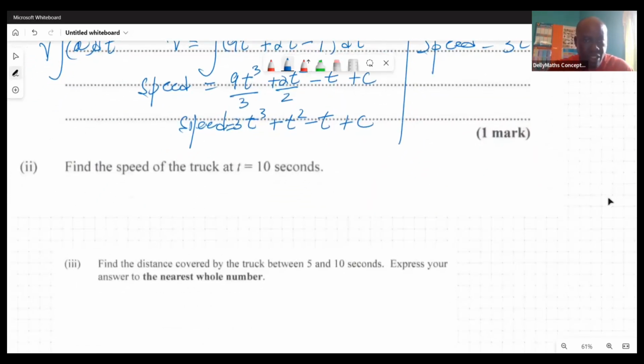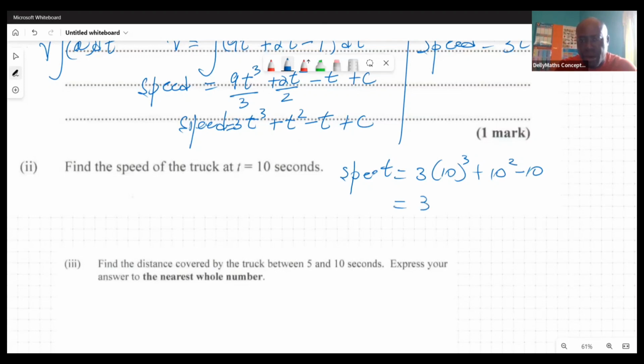Find the speed of the truck at 10 seconds. So when t is equal to 10, we substitute into the formula: the speed is going to equal 3 times 10 cubed plus 10 squared minus 10.